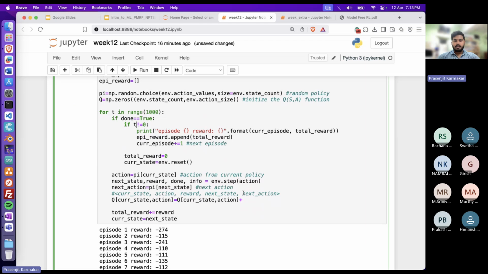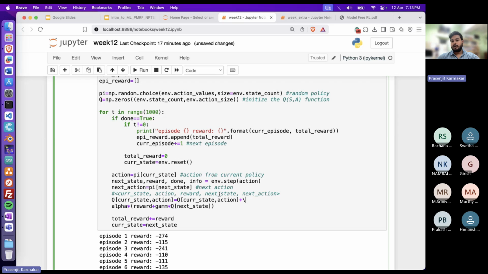So Q plus alpha times reward plus gamma times Q of s prime, a prime, the next state, next action. And we can write it on the next line to make the computation clear.